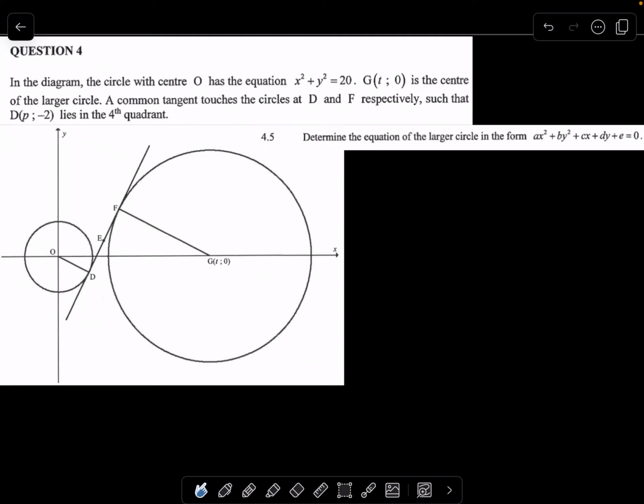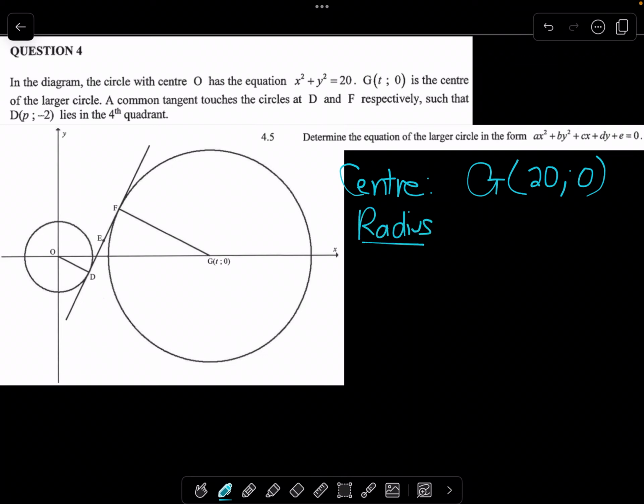Okay, right. So in order to figure out the equation of the circle, the center of the circle is G, whose coordinates are 20 and 0. And then the radius of the circle, we can work out like I just did, so I'm not going to narrate it.